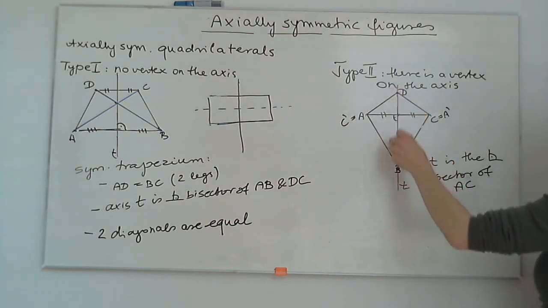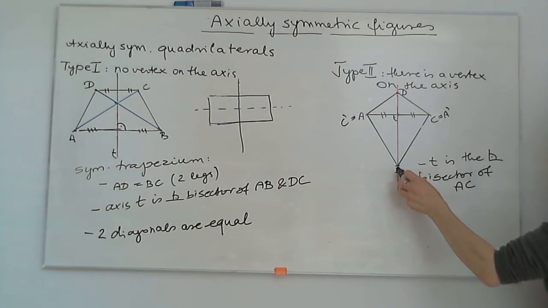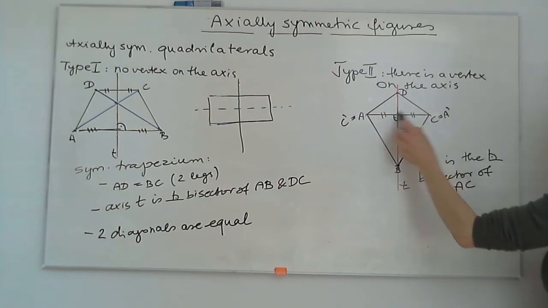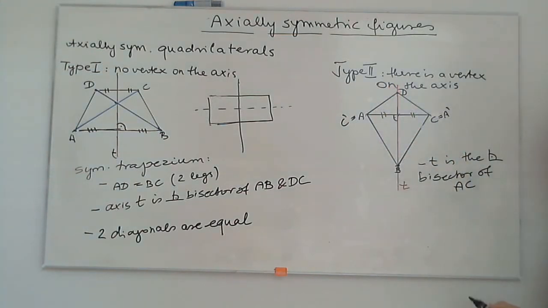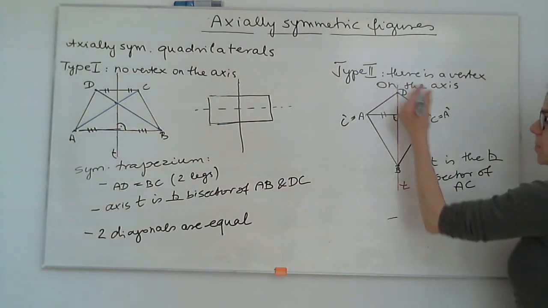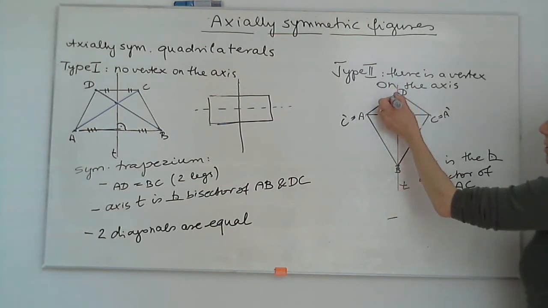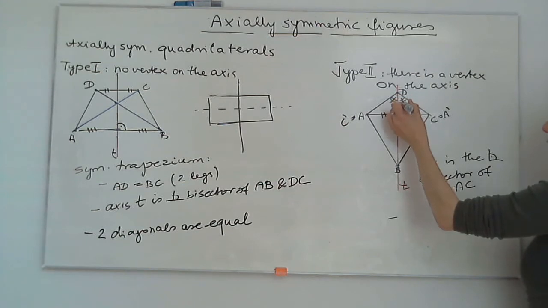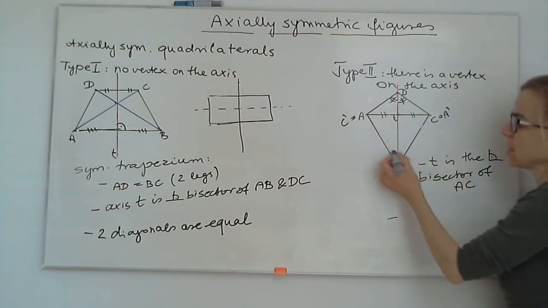But notice that this is only true for that special diagonal, which is the axis itself. The other diagonal doesn't bisect BD, since this is much shorter than that one. The second property which follows from the axial symmetry is that the diagonal which corresponds to the axis bisects the angle.